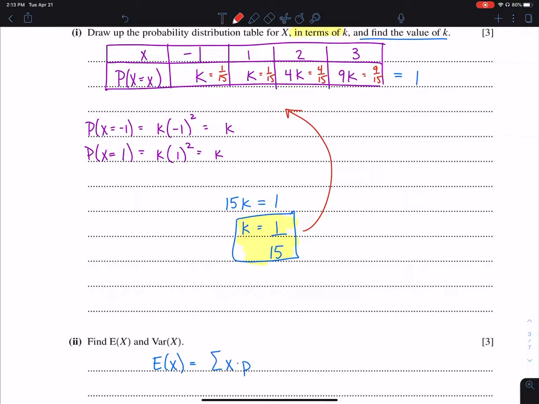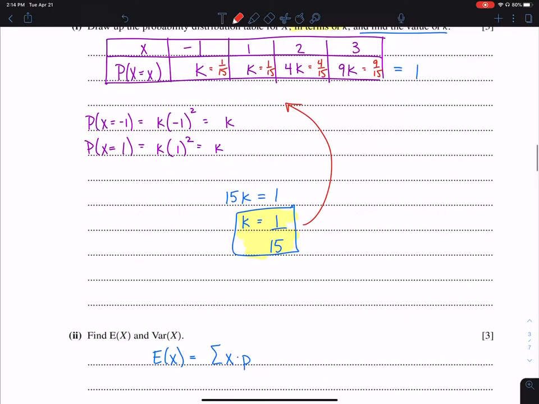Okay. And for an exam, that would be okay. Or you could put them underneath it as well, so that way they can see the original table in terms of k as well as your probabilities.